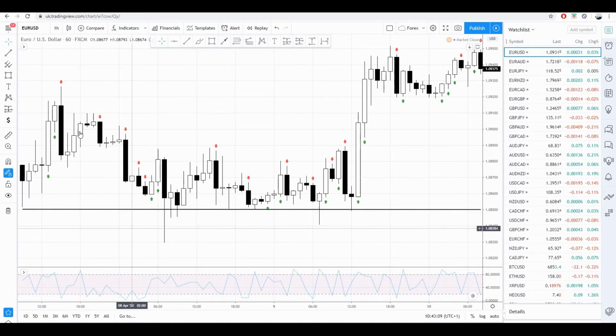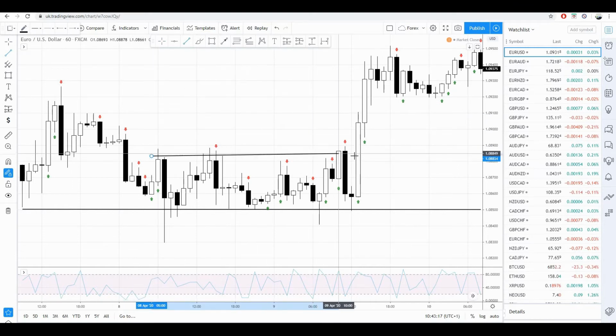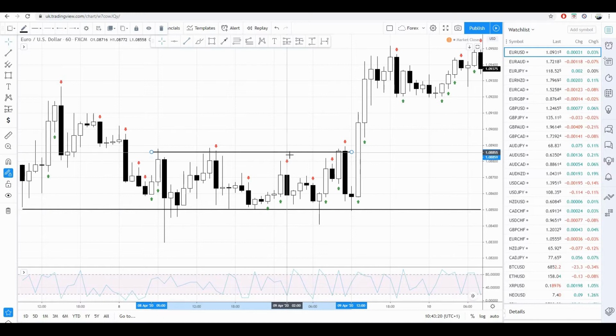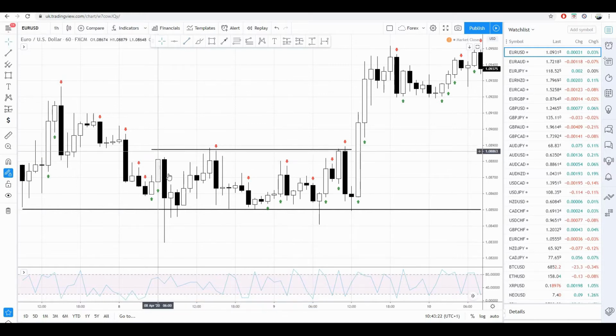So a support level acts as a floor where price can't break through that floor, and resistance acts as a ceiling. So let's just call that this here, where price can't break through that ceiling. So it bounces off a ceiling here, bounces off a ceiling here, bounces off a ceiling here. So support is a floor and resistance is a ceiling.